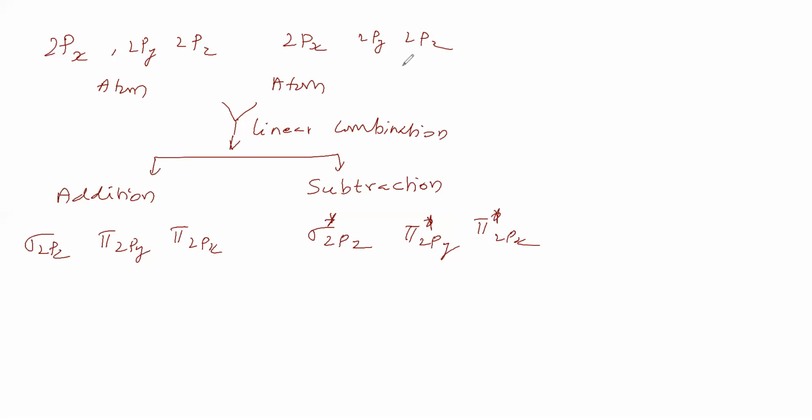So like this, molecular orbitals are possible. How will the energy of these orbitals be? First we will see the sigma and the pi: the energy of sigma 2pz and the energy of pi 2py, we will see now.